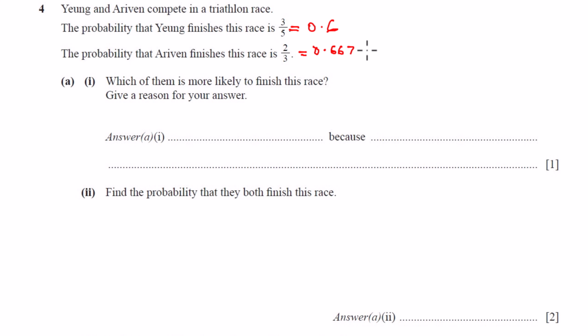Of course, this is greater than this, so Arvin is much more likely to finish the race, because he or she has a higher probability.